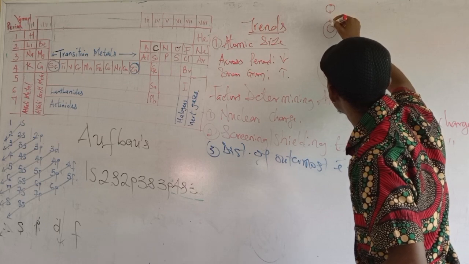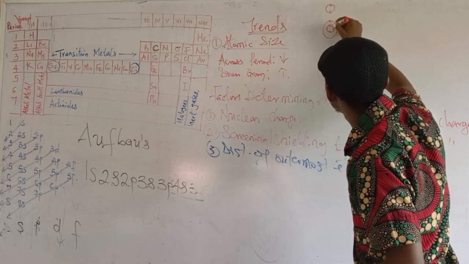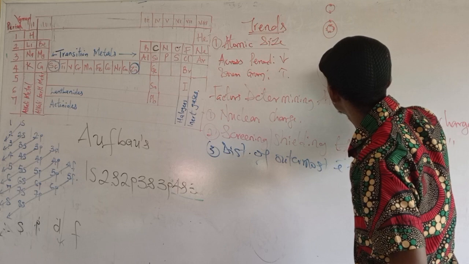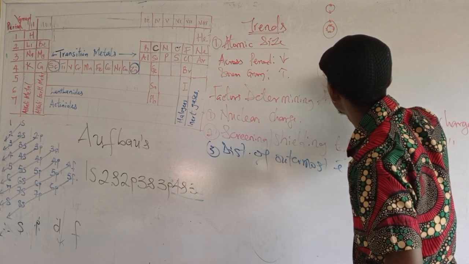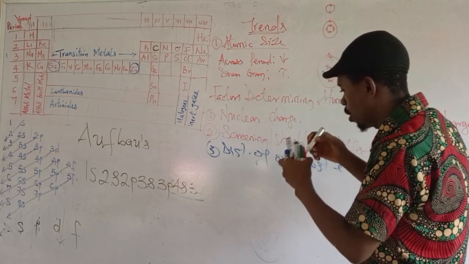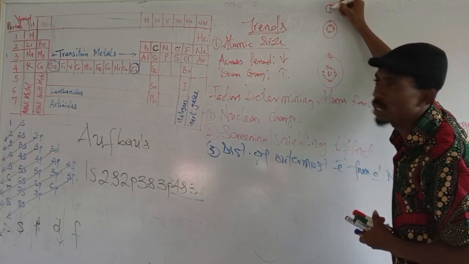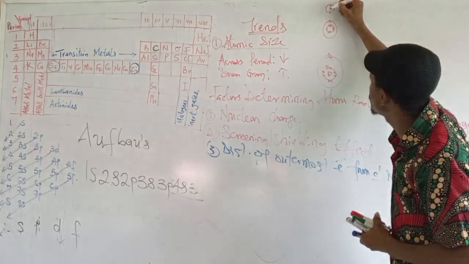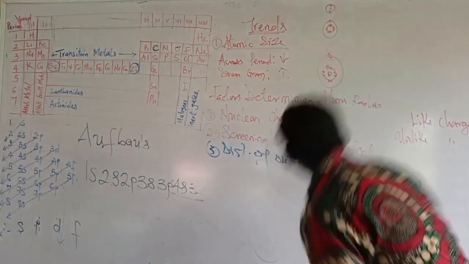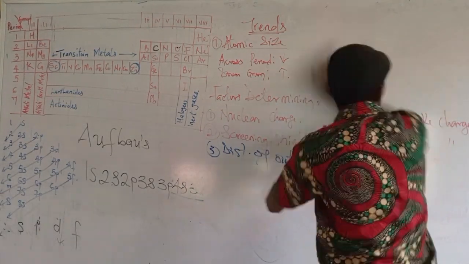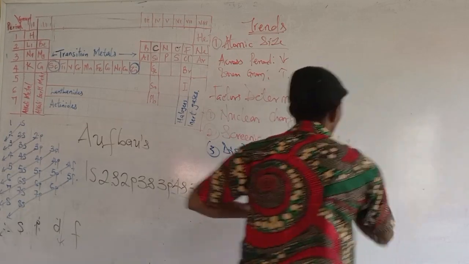This one we have 1 there and 8 here. This one we have 2 here, 8 here, and 1 here. It will be very easy for this electron to be pulled to the nucleus here, but it will not be that easy. I think I should make my diagrams bigger so that you can see it well.